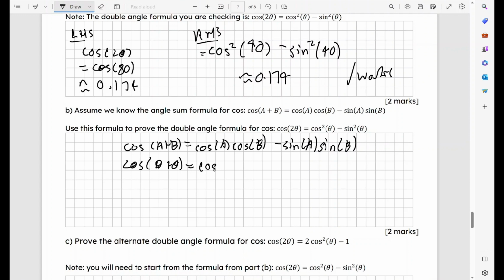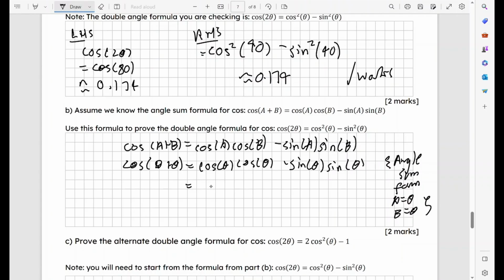So what we're going to get is cos of theta, cos of theta, take sine of theta, sine of theta. And this is from your angle sum formula with A equals theta and B equals theta. So really explaining what we're doing here. So that is cos squared of theta, take sine squared of theta, and I reckon we're done.